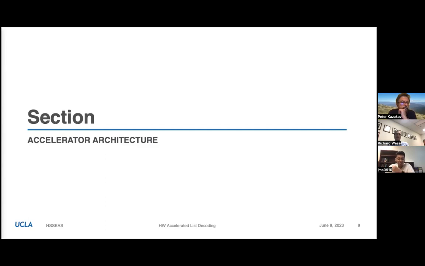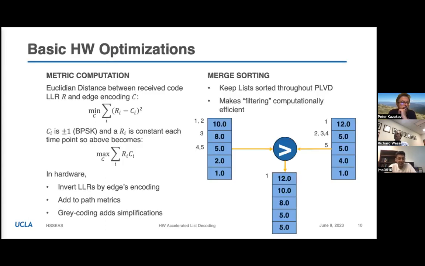There are a couple of optimizations that we can make right off the bat. First is in our metric. In reality, when we compare the code versus the encoding, what we're actually comparing is the log likelihood ratios at the receiving end.